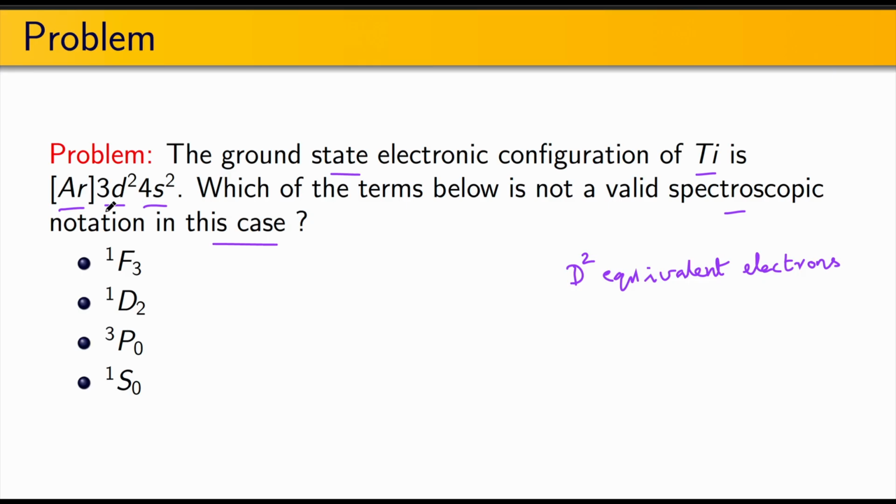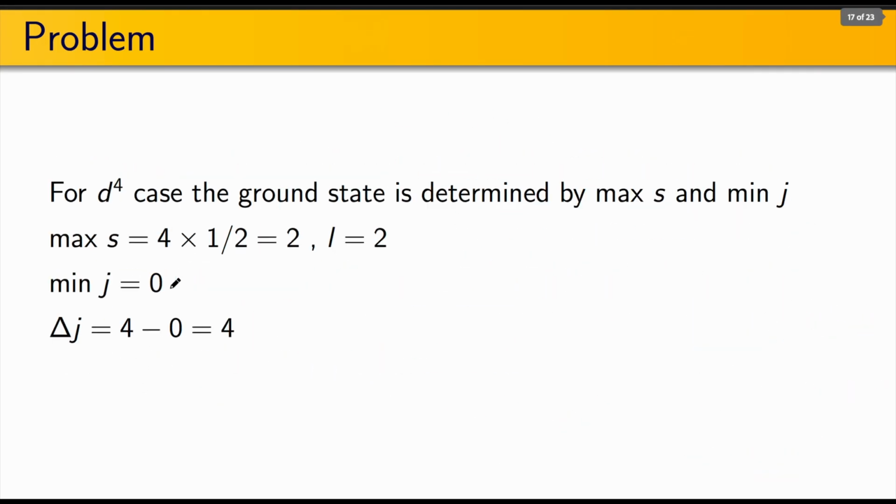This is not important because the 4s is fully filled. We have done all this case. We just have to go back and see which are the terms which are there. We have done this before.